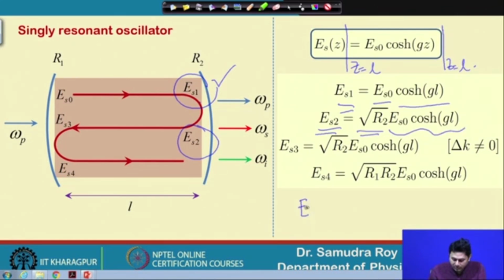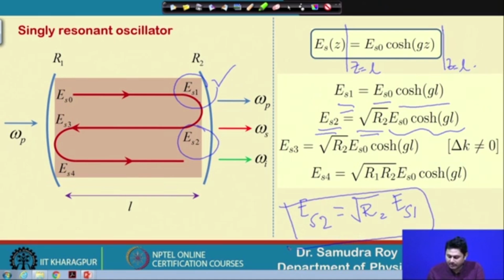Es2 is simply the square root of R2 multiplied by Es1, and once we use this, Es1 is this quantity. So I just replace this quantity and I also get Es2. My Es1 is generated, Es2 is generated.